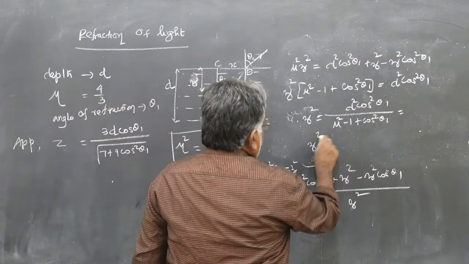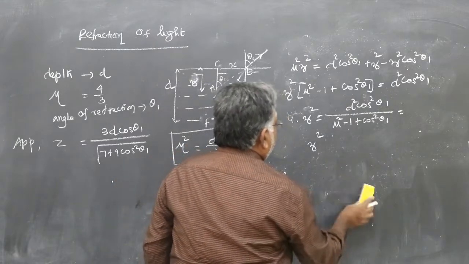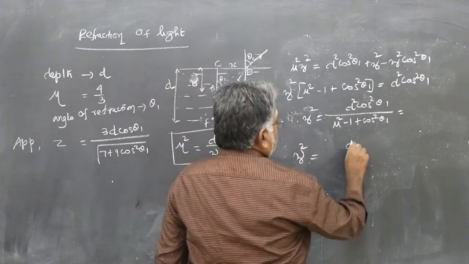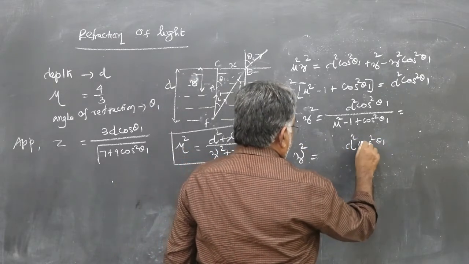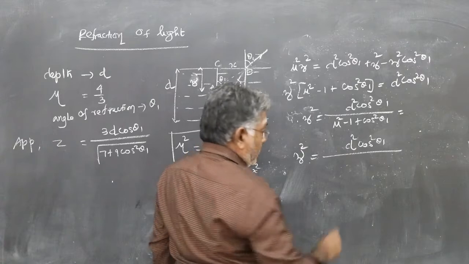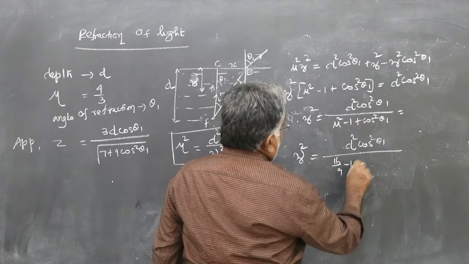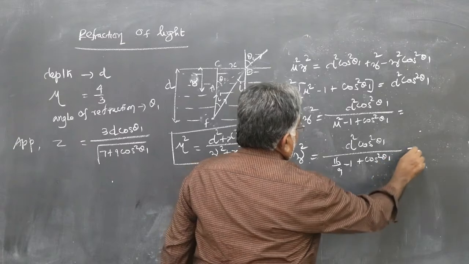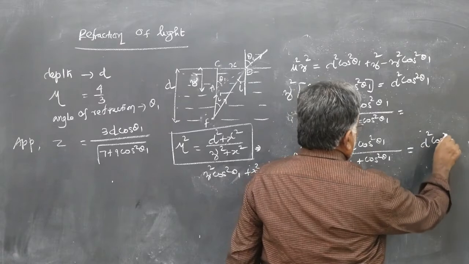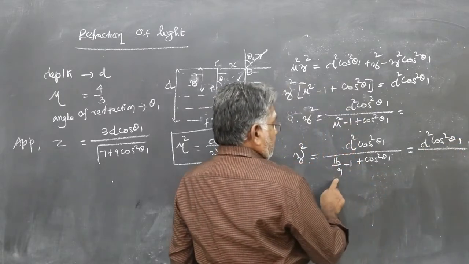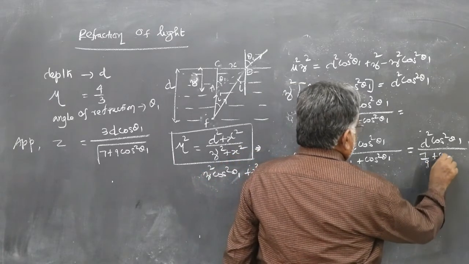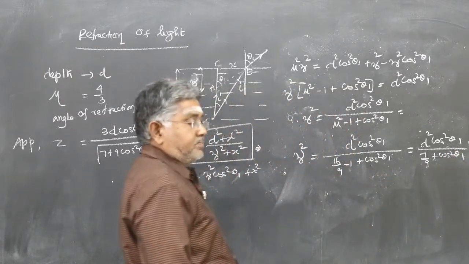So z square is equal to d square cos square theta 1 in the numerator. Mu is 4 by 3, so mu square is 16 by 9. 16 by 9 minus 1 plus cos square theta 1 is equal to d square cos square theta 1 by 16 by 9 minus 1, which is 7 by 9, so 7 by 9 plus cos square theta 1.